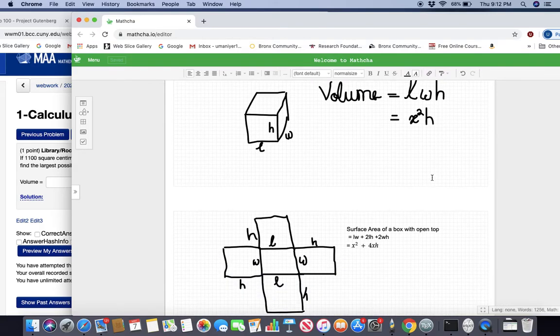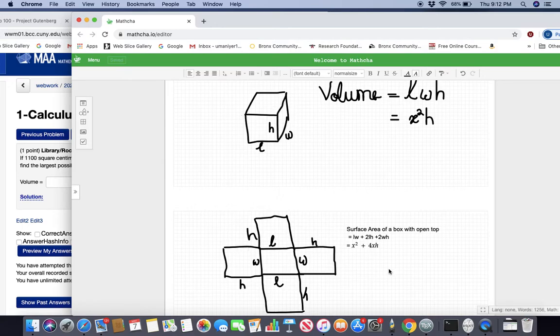Whereas the surface area, so here is my box, there is no top, but there is a base and there are the four walls. Cut along these corners, and the sides simply fall off.